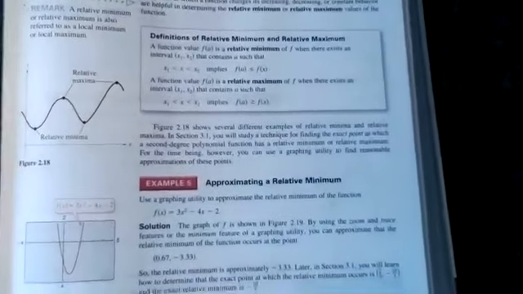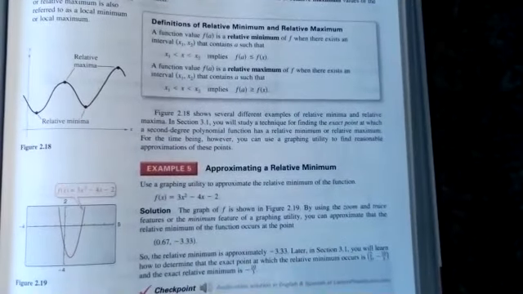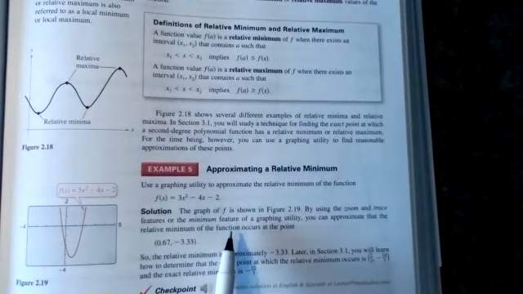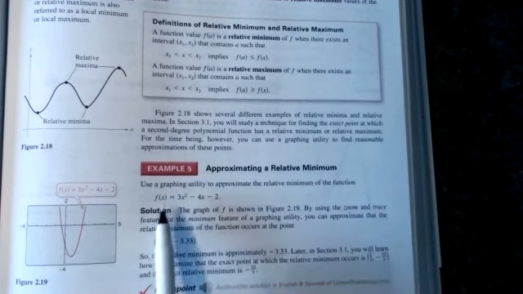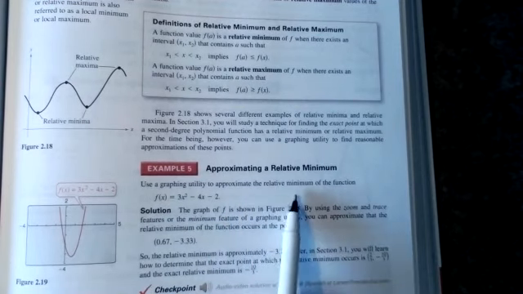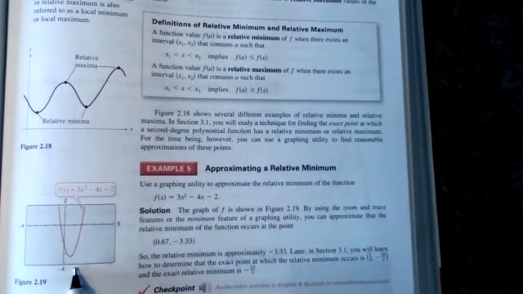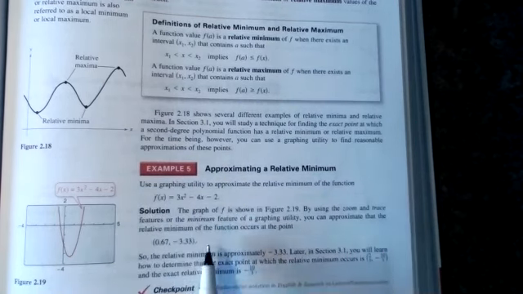So the best thing is to find it. If you look at these examples, like in this one, there's just one. So you need to use the graphing utility to find the relative minimum of the functions, okay? And this is a good one to practice for you because you already have the solutions.